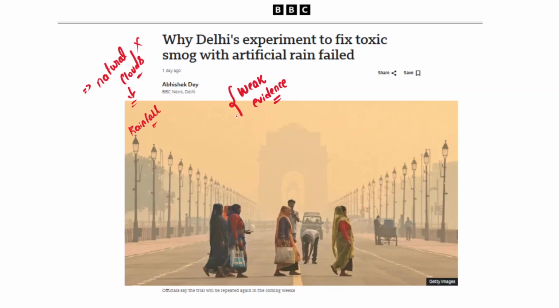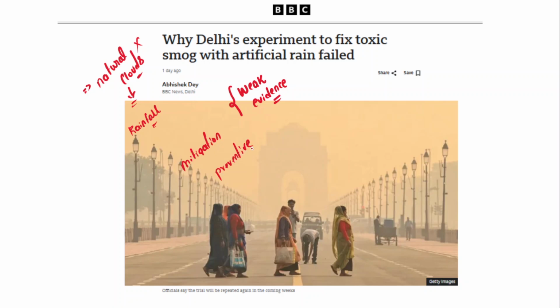Once artificial rain takes place, these chemical components would enter into the soil, and they may be harmful for the ecosystem. The rain may provide a temporary respite from air pollution, but it also has a negative side, as we have just discussed. We can say that this is just a mitigation measure, but not a preventive measure.